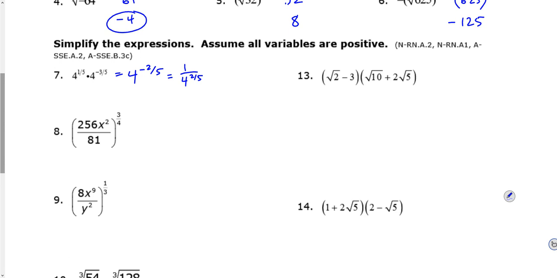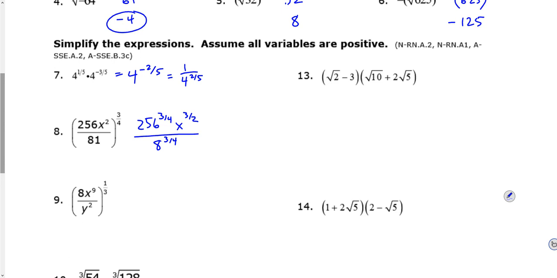Number 8, the 3/4 goes to everything, so 256 to the 3/4, x to the 6/4, we reduce to 3 over 2, and then 81 to the 3/4. And when it comes to these numbers, you can just do those in the calculator.